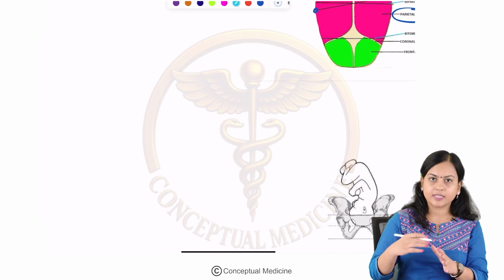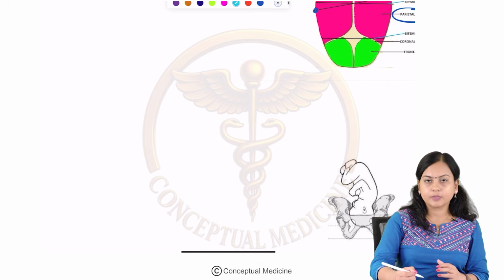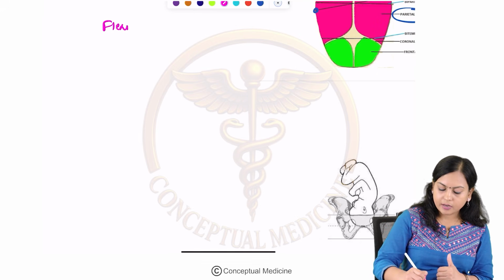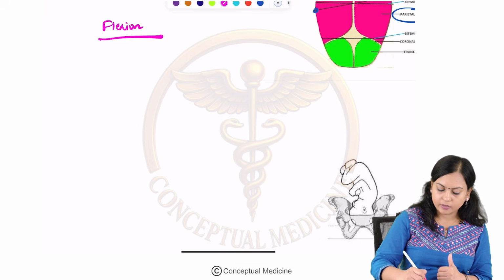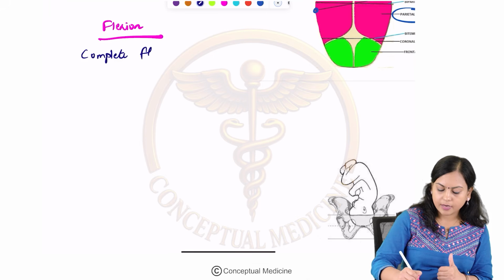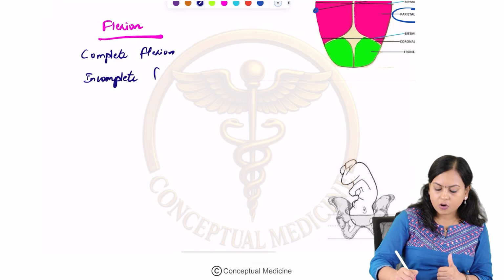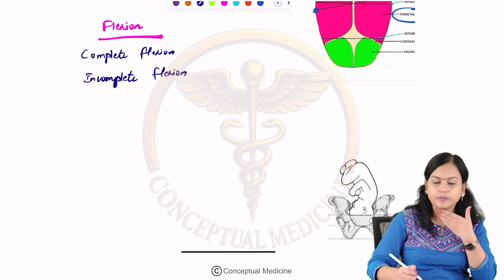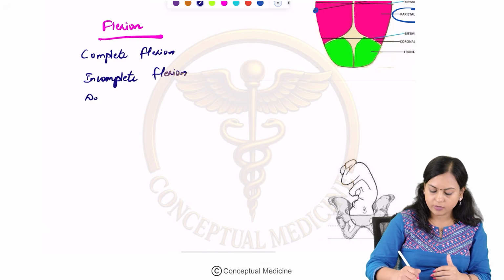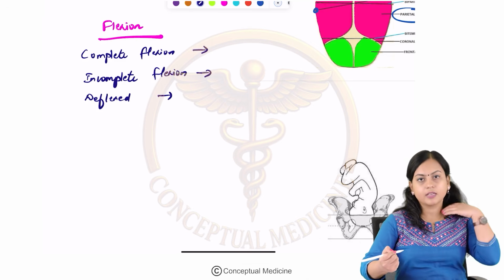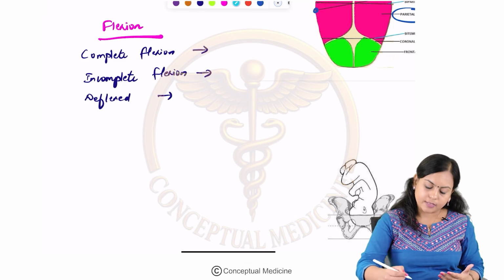Now, what is the importance of these various diameters? Okay. So, these various diameters help in deciding the position of the fetal head, and the presenting part. So, for example, when a fetal head is said to be in flexion, there can be three types of flexion. Either it can be a complete flexion, or an incomplete flexion, or a deflexion, means a straight attitude. So, the head can be deflexed. In these three categories, what are the various diameters presenting?